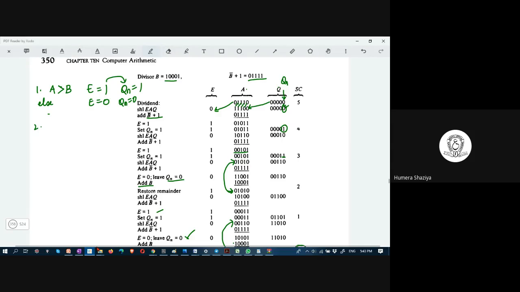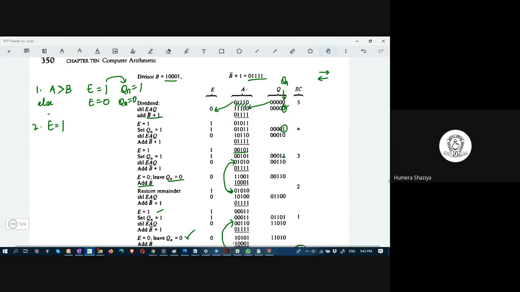Second step, when E is 1, normally earlier you saw that you are shifting the divisor to the right. Instead of that, you are performing left shift of EAQ.